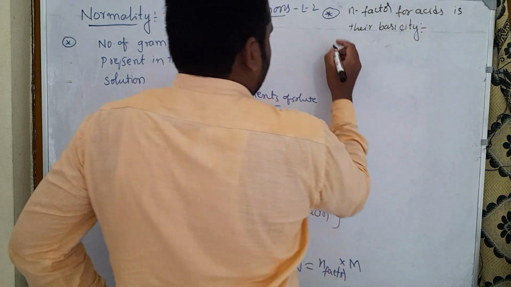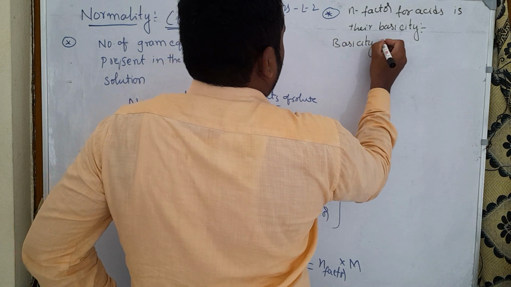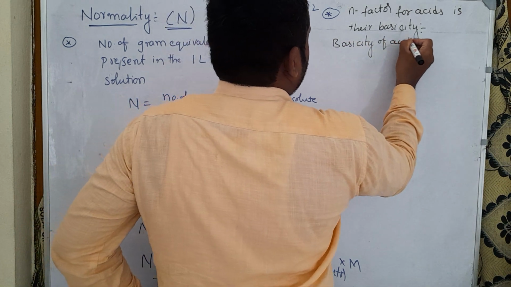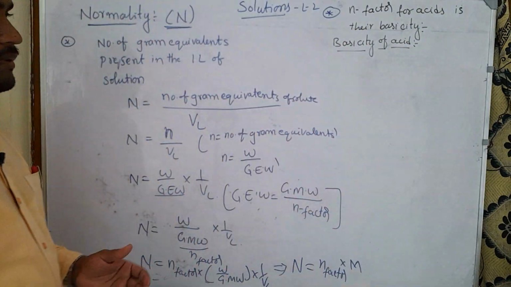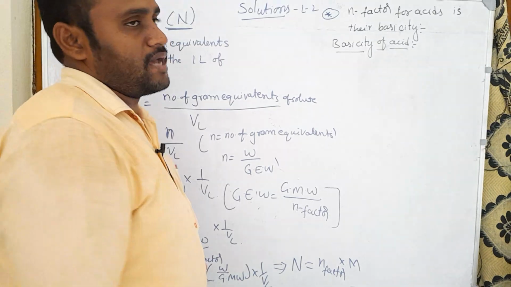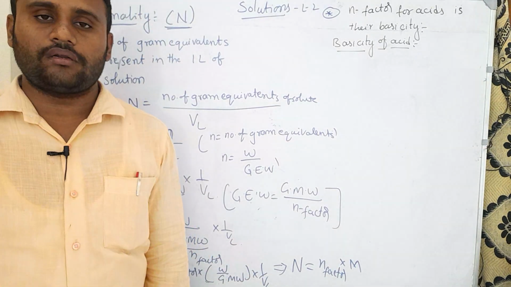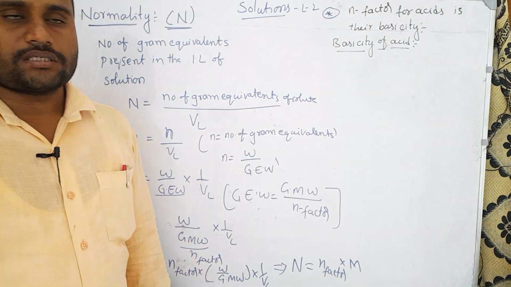So what is the basicity of an acid? Basicity of an acid is nothing but the number of H plus ions produced by the acid. We already know that an acid, according to Arrhenius theory, is one which produces H plus ions.